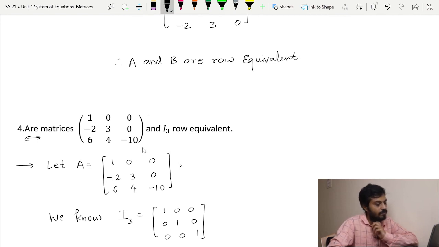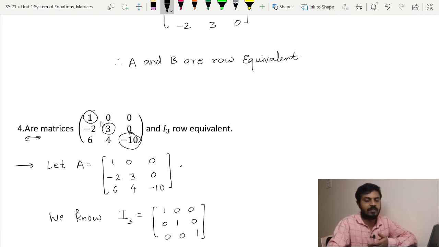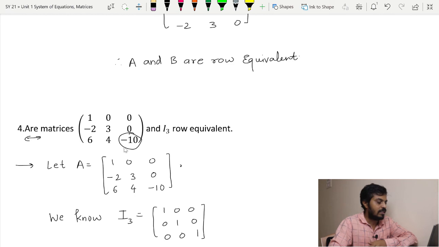Since it is a lower triangular matrix, the determinant of a lower triangular matrix is the product of diagonal elements. So minus 10 multiplied by 3 multiplied by 1 is minus 30.